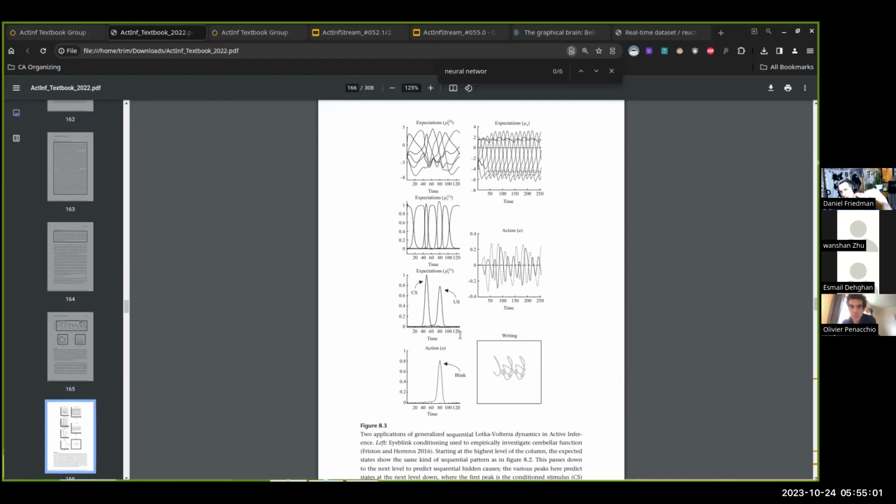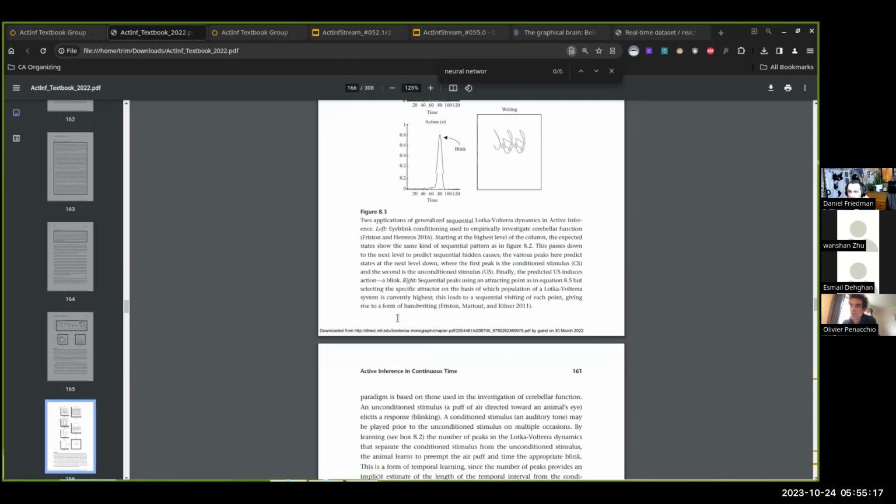Now we're merging those streams back together, continuous and discrete time, especially in light of recent advances in Bayesian mechanics with path integrals, G theory, and these kinds of topics.